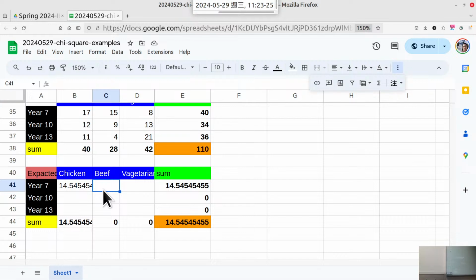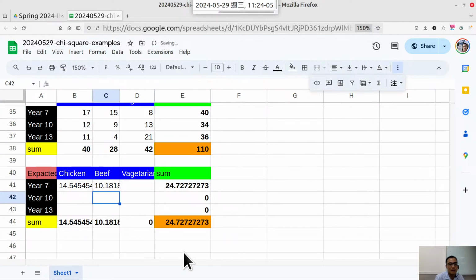times this 40. This year, because of the year of 7, that is 28 times 40 divided by 110. Click equal 28 times, because this vertical, horizontal, the direction here, that is 40 and divided by 110.